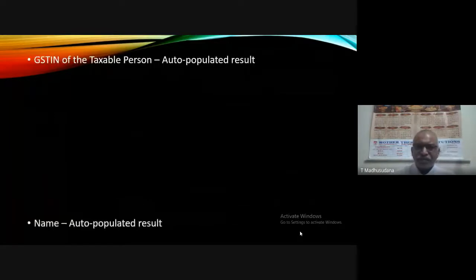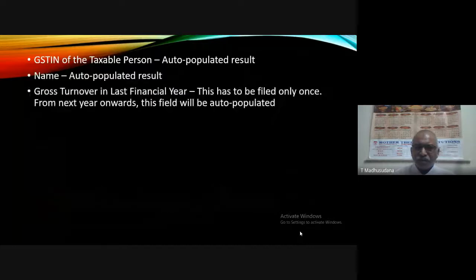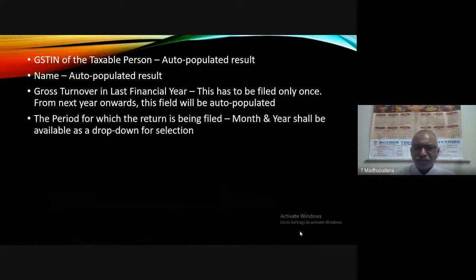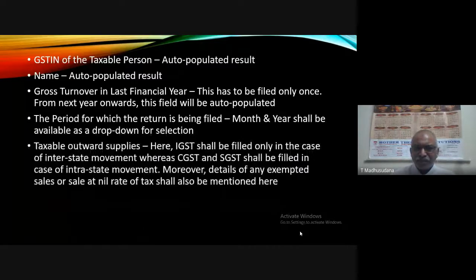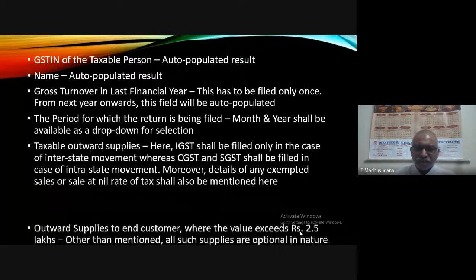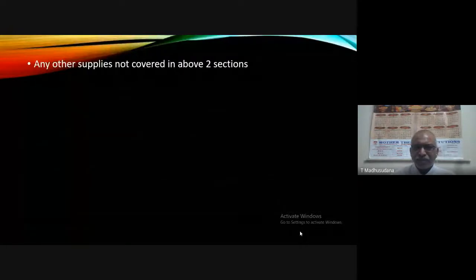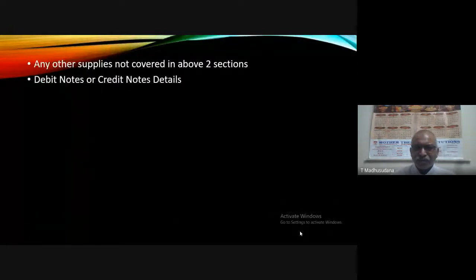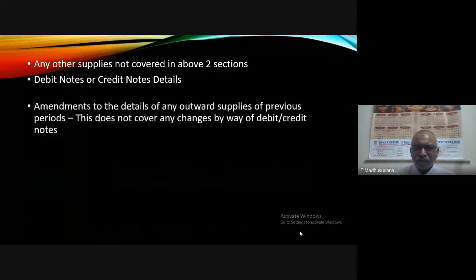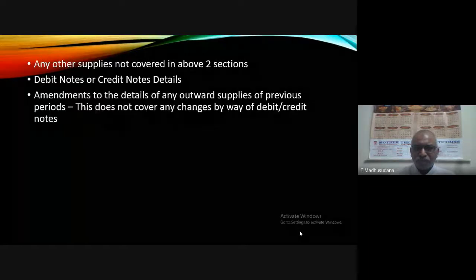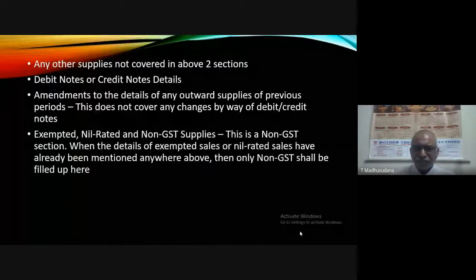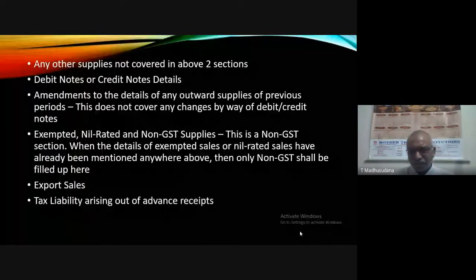GSTIN of the taxable person, name, gross turnover in the last financial year, the period for which the return is being filed, taxable outward supplies to end customers, any other supplies not covered in the above two sections, debit notes or credit notes details, amendments to the details of any outward supplies of previous period, exempted, nil rated and non-GST supplies, export sales, tax liability arising out of advance receipts, tax paid.